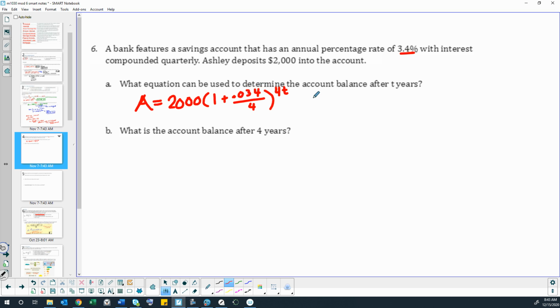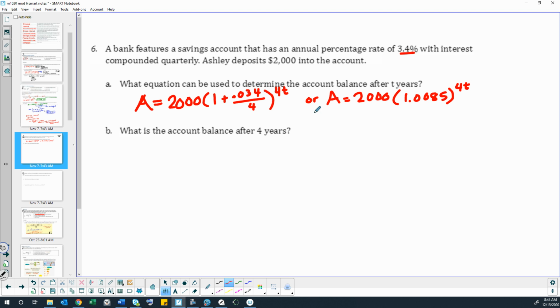And if you wanted to simplify that a little bit, you could actually simplify this stuff in the middle. So I have that written down as well. So you could use a calculator to compute all of this. So according to what I have written down, it would be 1.0085. I don't know if anyone wants to do that 1 plus 0.034 divided by 4 in their calculator and make sure that you agree with that.